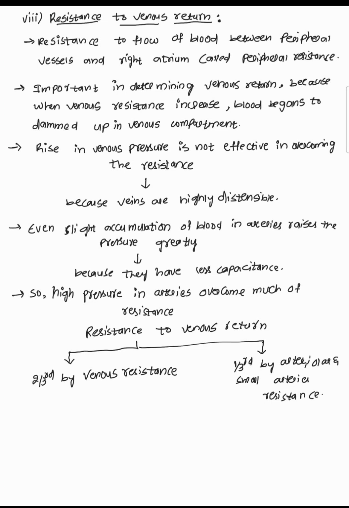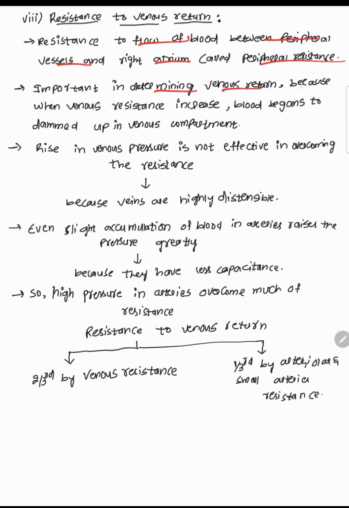What happens when we obstruct the flow of venous return? There will be a decrease in venous return. There will be a decrease in the cardiac output. That is the explanation. Resistance to flow of blood between peripheral vessels and right atrium is called peripheral resistance. Peripheral resistance is the resistance which obstructs the flow of blood from the peripheral vessels to the right atrium.